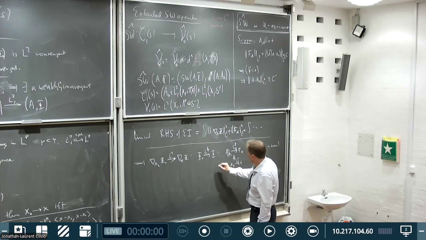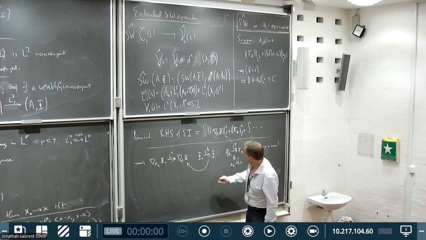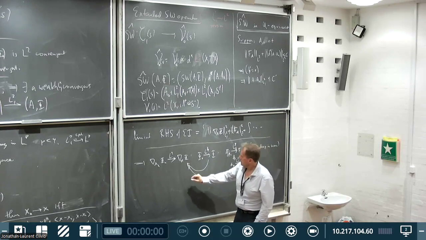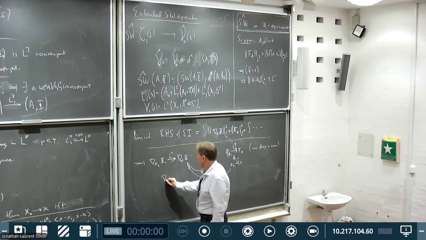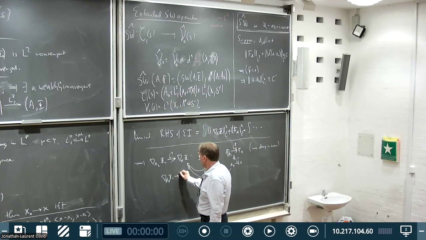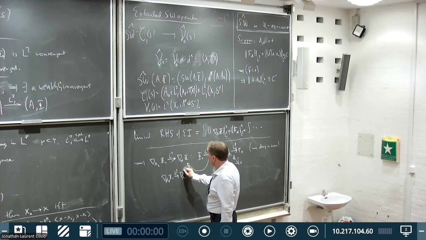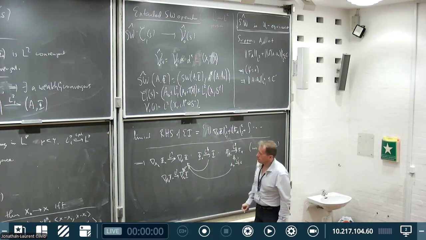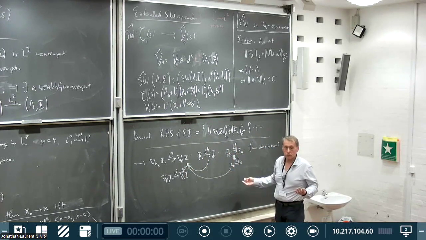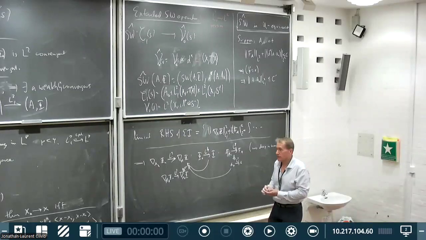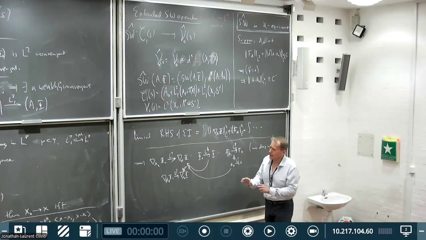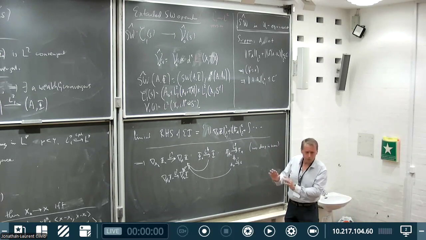This and this tell me that A0 and Phi n converges to A0 and Phi strongly. So that's what we wanted to show. It's a proper map. And I just want to emphasize that in some sense, I almost did nothing.